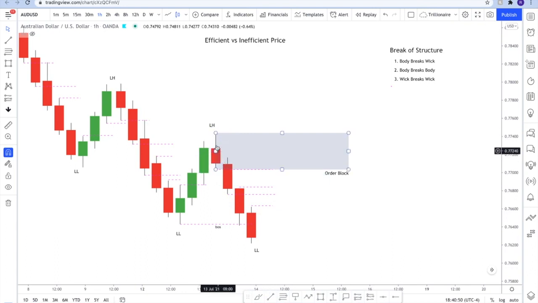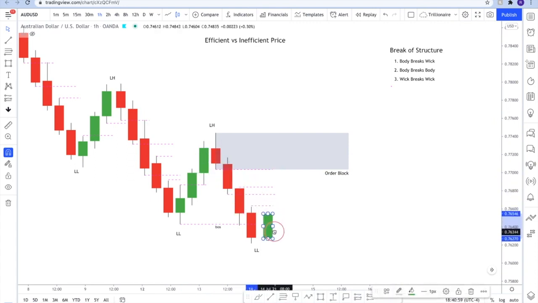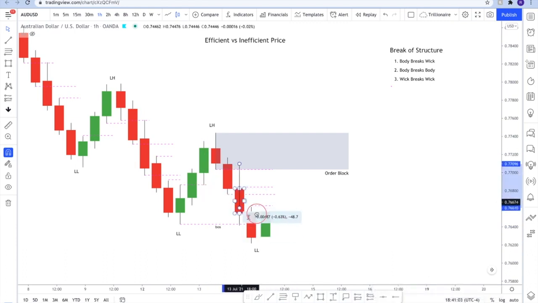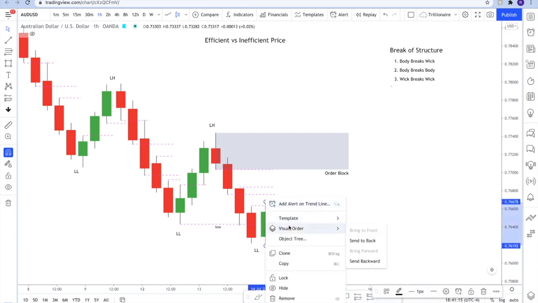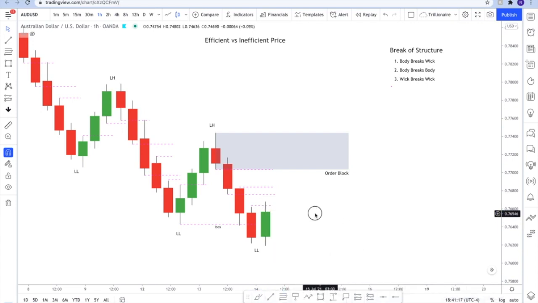So what we'll be expecting price to do is once it creates its solid, valid lower low, okay, we'll be looking for price to not only create efficiency within the market within these areas, okay, but we'll also be looking for price to return to this order block right up here.